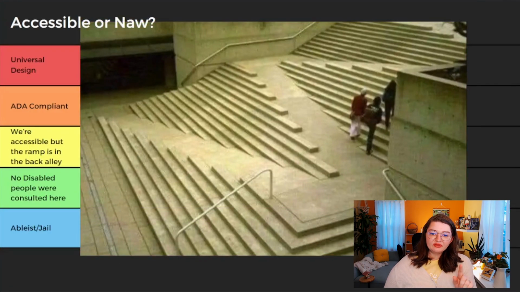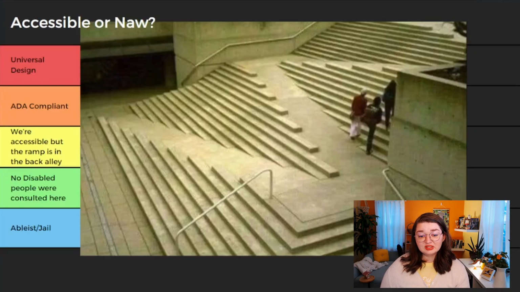Okay, we've got another built-in ramp to a staircase. Here's what I feel about this one. As far as the ramp goes, I feel like it's fine. I think you're supposed to have a railing alongside a ramp, like you have railings alongside stairs. But I feel like it's okay. The slope might be a little steep, but I can't really tell. I'm gonna put this in no disabled people were consulted here.